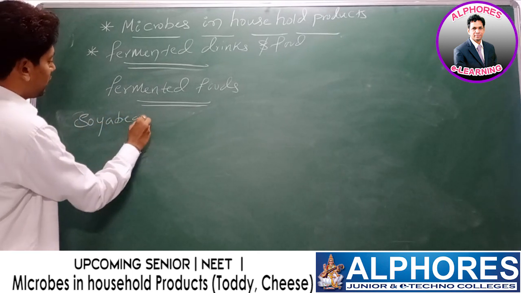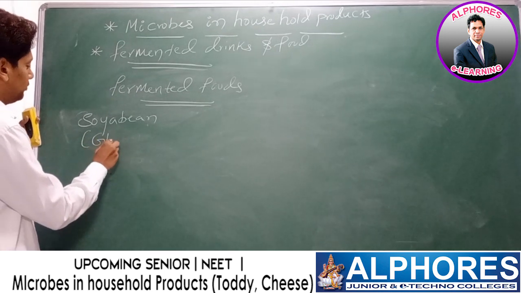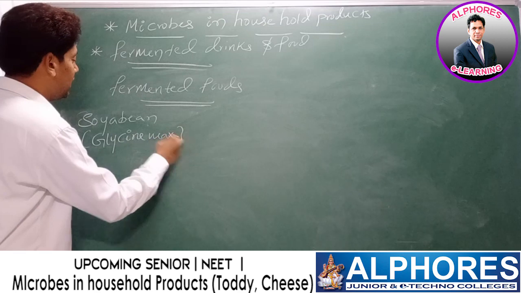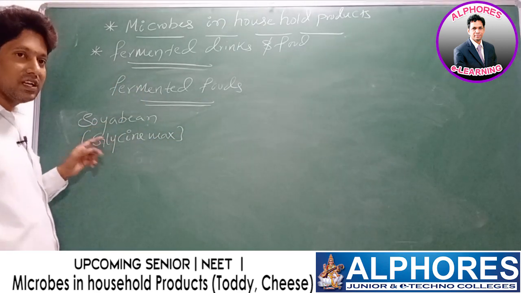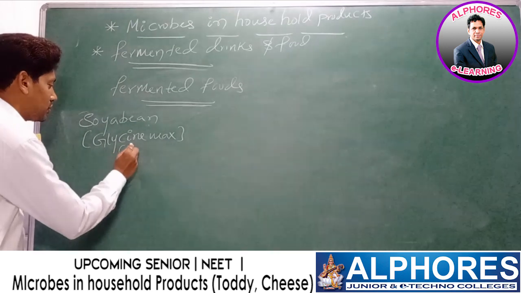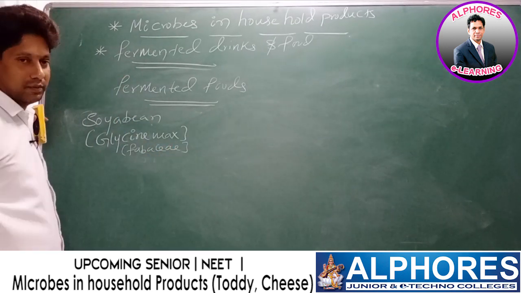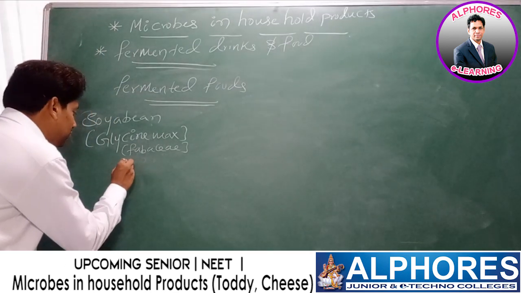Take soybean. What is the botanical name of soybean? Glycine max. It belongs to the Fabaceae family. Here, what we are doing is this soybean along with wheat.